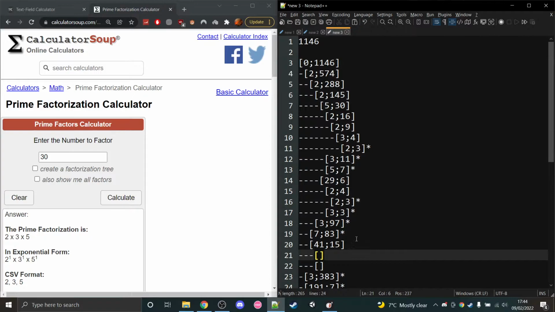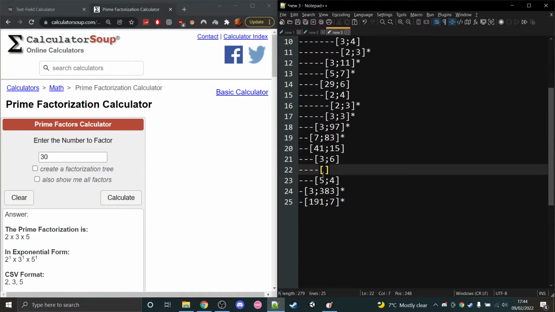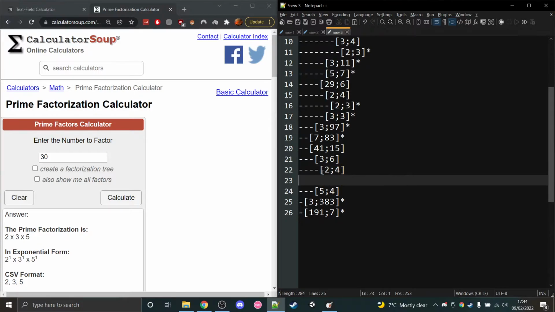So, with this, 15 divided by 3 is 5, plus 1 is 6, and 15 divided by 5 is 3, plus 1 is 4. Let's start with this over here. 6 divided by 2 is 3, plus 1 is 4. And 6 divided by 3 is 2, plus 1 is 3.